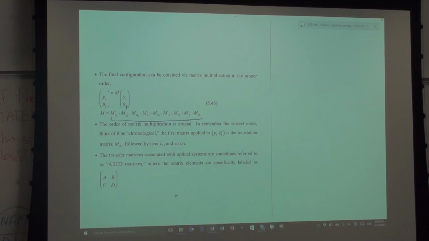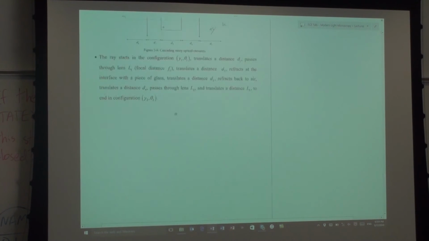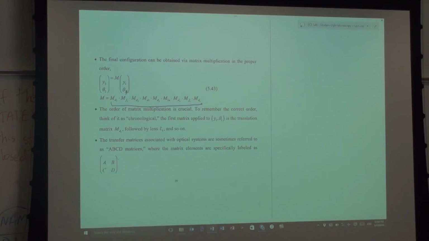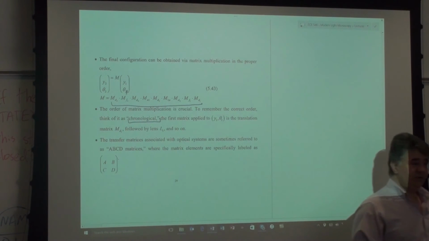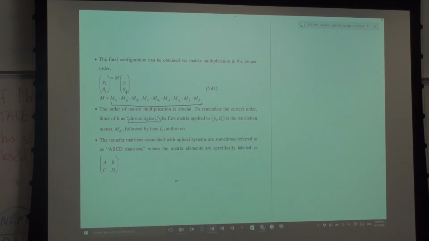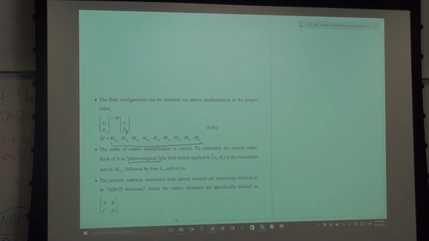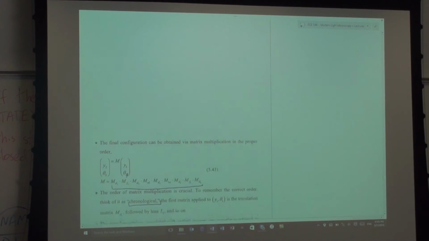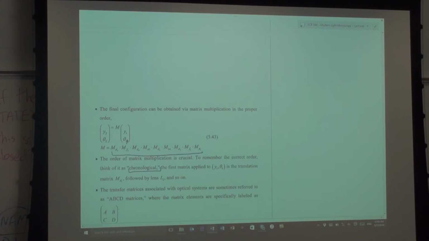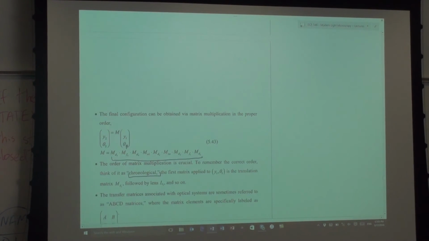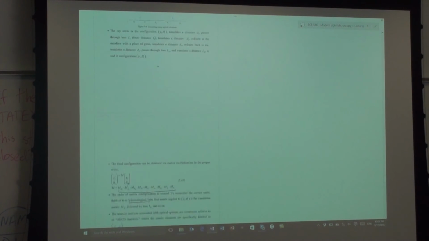So what's the order? I call this chronological. The matrices have to be multiplied in chronological order, and by that I mean the following. Let me try this.